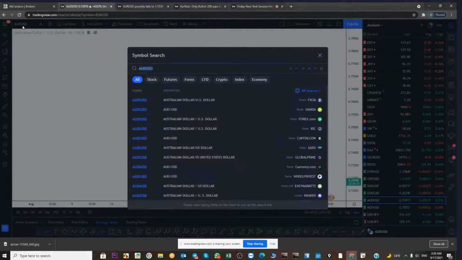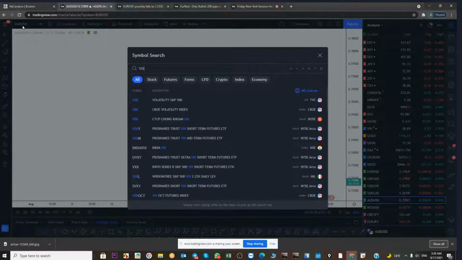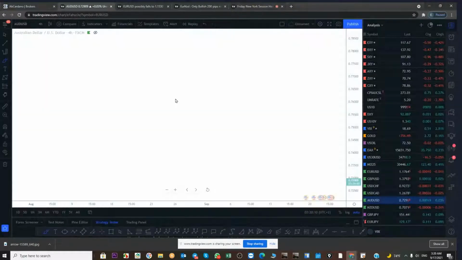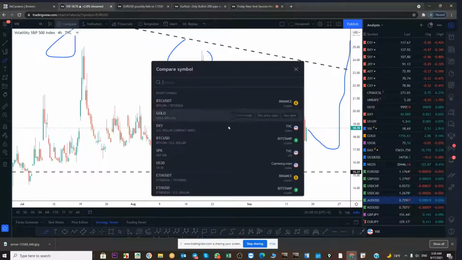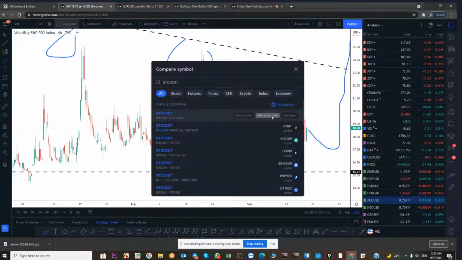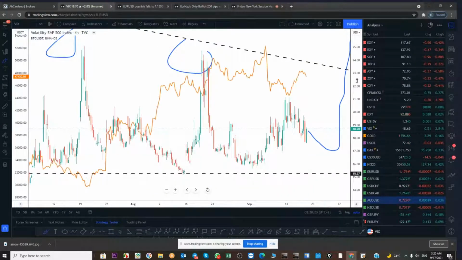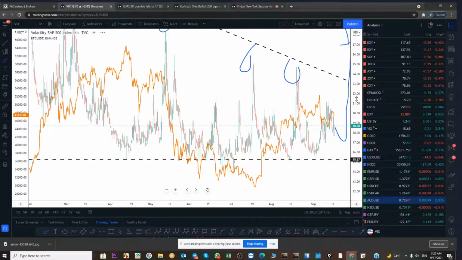Okay, I'm going to use the VIX first, and we're going to compare it with BTC. We're going to find a little bit of correlation here.